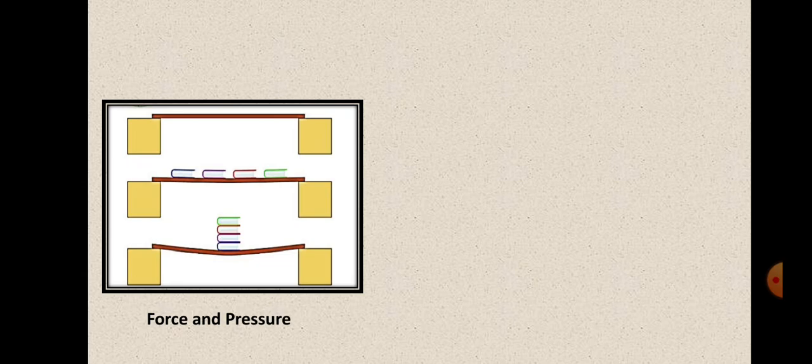And in the second one, we had placed 4 books, but the books are spread on the plank and the position of the plank is not changed. In the third one, all the 4 books are kept one above another, and we can see that the plank has bent. Why? Yes, try to remember the formula of pressure.